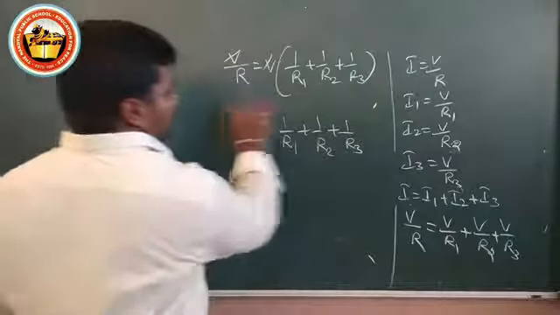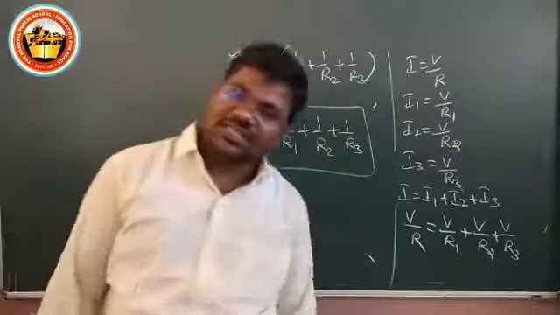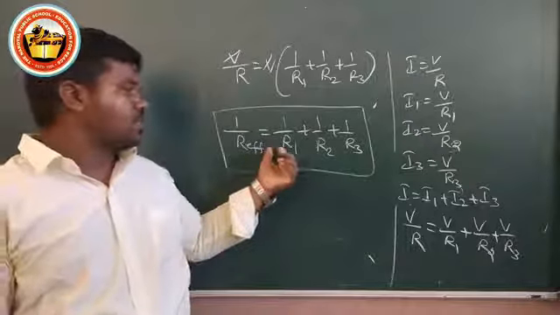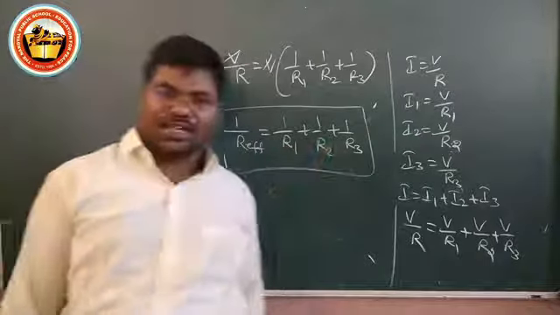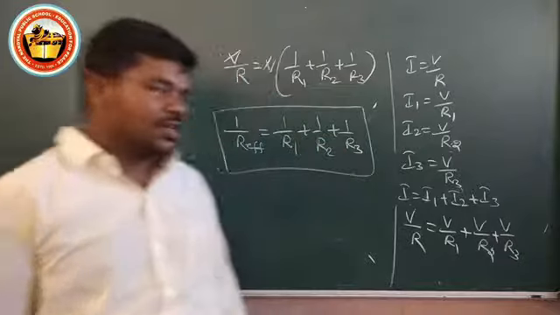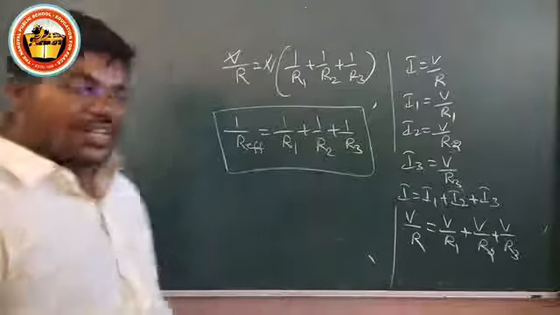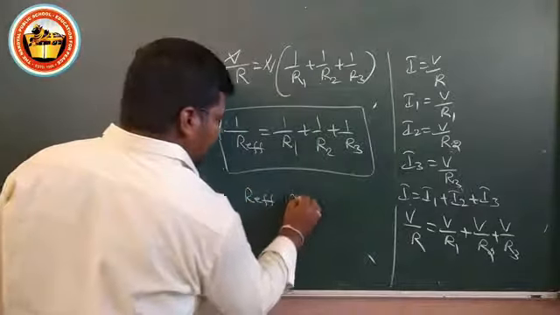V gets cancelled. This resistance we call the effective or resultant resistance. 1 by R effective is equal to 1 by R1 plus 1 by R2 plus 1 by R3. This is the final expression for resistors in parallel combination. Here, in the parallel combination, the resultant resistance R effective is minimum.